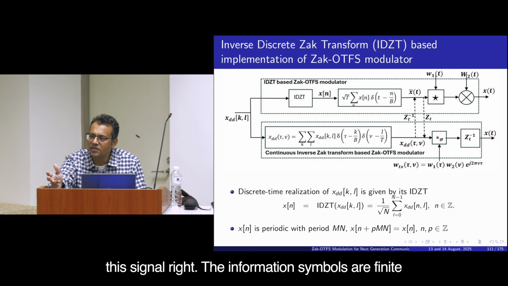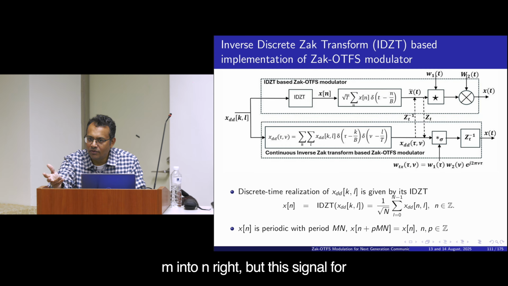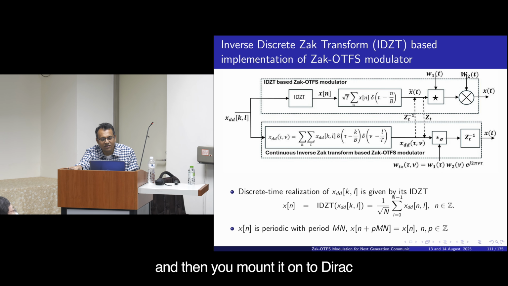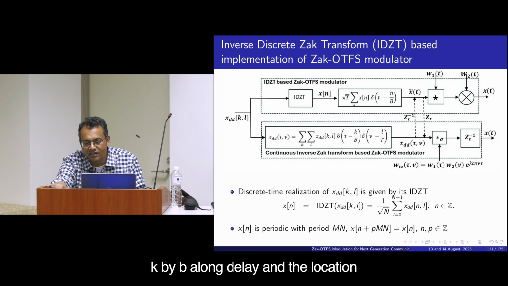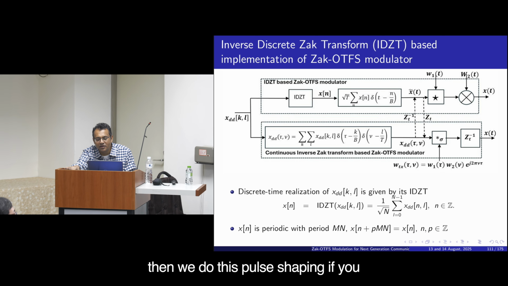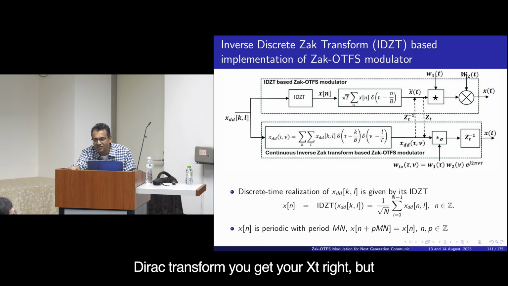The information symbols are finite, M into N, but for this signal, k and l go from minus infinity to plus infinity because of that quasi periodic repetition. Then you mount it onto Dirac deltas: the k comma l-th symbol is put on a Dirac delta at k by B along delay, and the location along Doppler is l by T. You have this signal xdd of tau and nu. Then we do the pulse shaping, if you remember, and take the inverse Zach transform, and you get your xt.